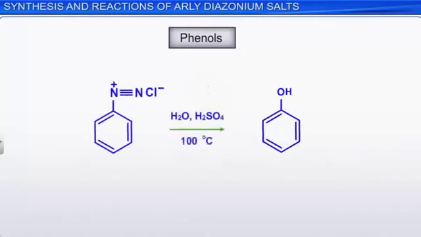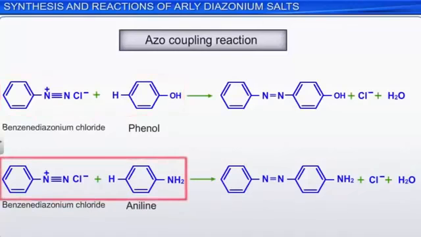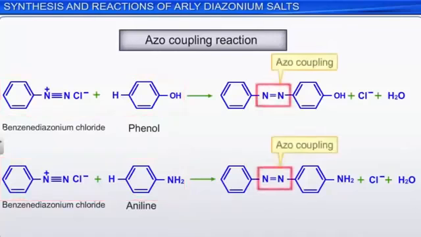Azo-coupling reactions are electrophilic substitution reactions that take place when a diazonium salt is reacted with a phenol or aniline derivative. In these reactions, the diazonium cation acts as an electrophile, while the electron-rich compounds such as phenols and amines act as nucleophiles.